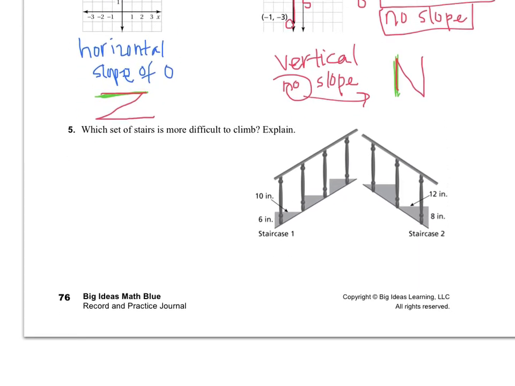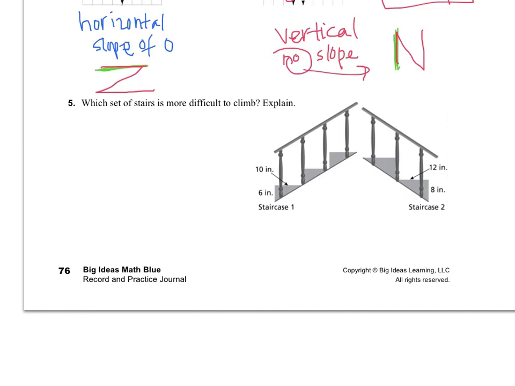All right, last one together. Which set of stairs is more difficult to climb? Well, obviously, it's probably going to have to do with their, guess what, slopes. So let's calculate their two slopes. Staircase 1 has a rise of 6 and a run of 10, so that would make its slope 6/10, or 3/5. Staircase 2 has a rise of 8 and a run of 12.